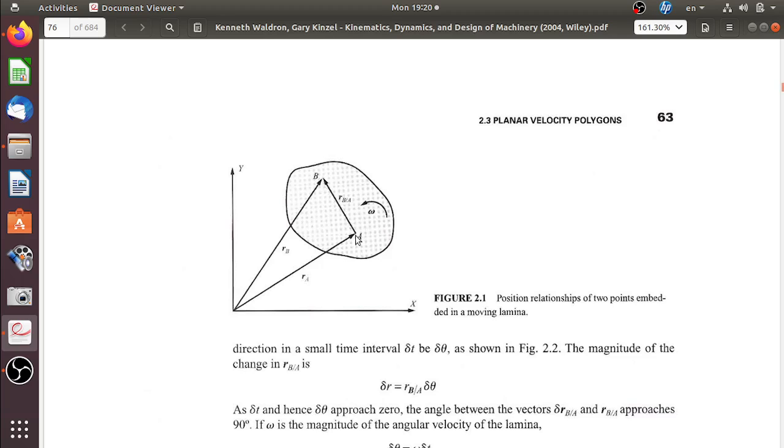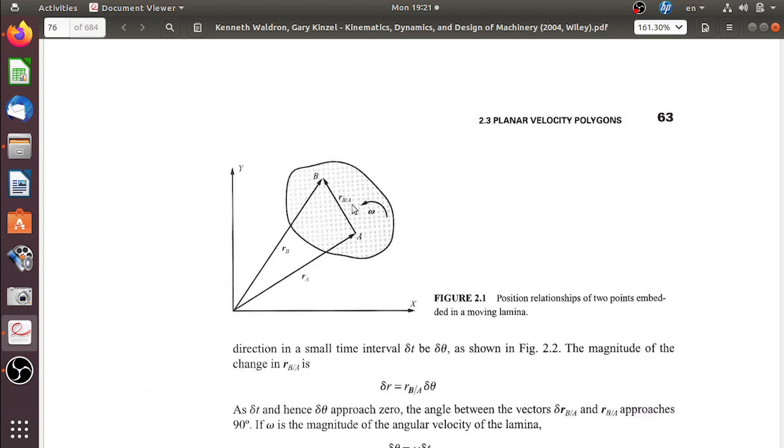For example, if there is no change in the direction, then the magnitude will also not change, because these 2 points are rigid points in the rigid body, and because of that the length between point A and B will not change. So the change will happen only if there is a rotation, and there won't be any change in the RB/A vector if there is just a translation.